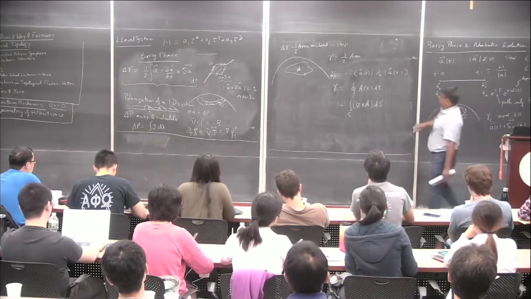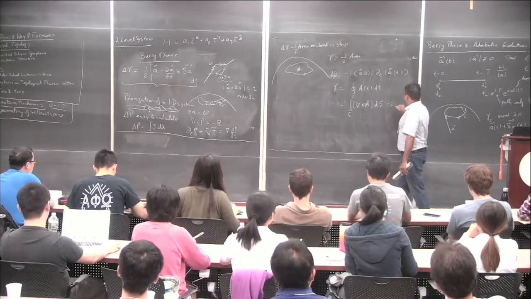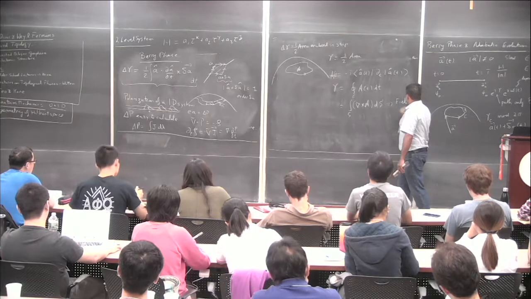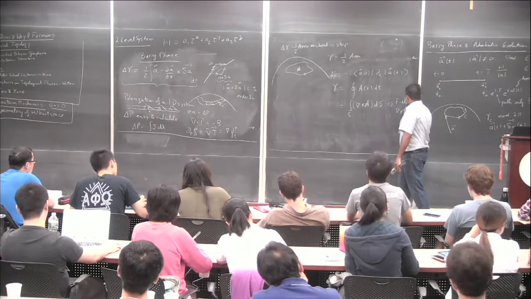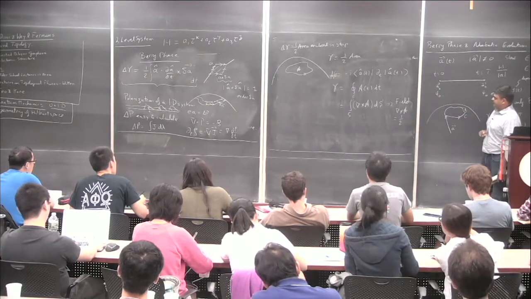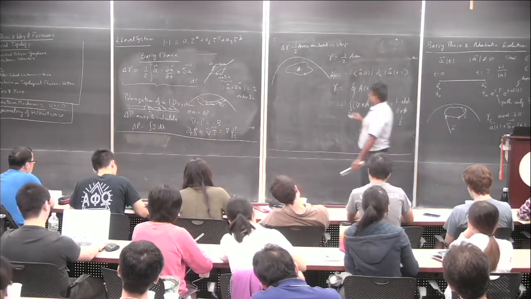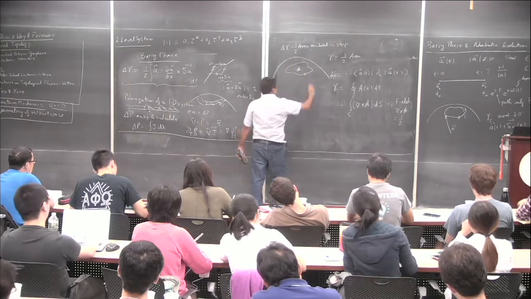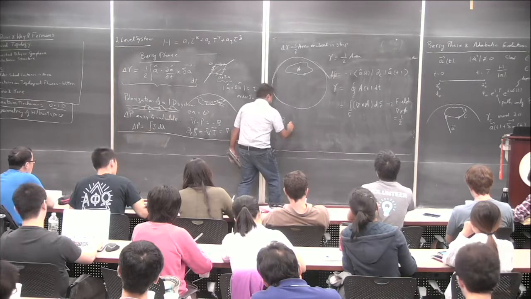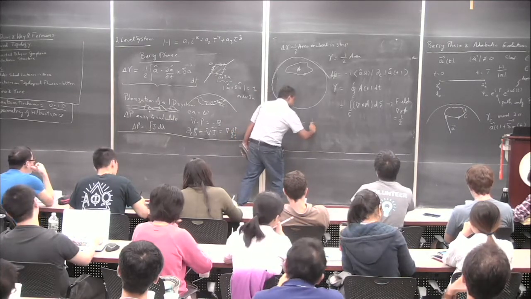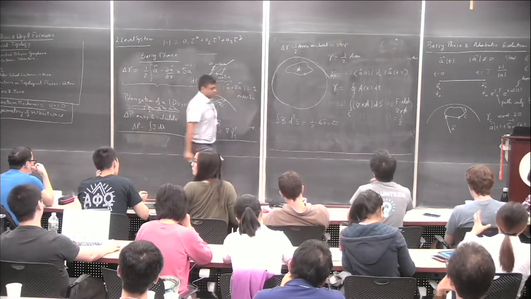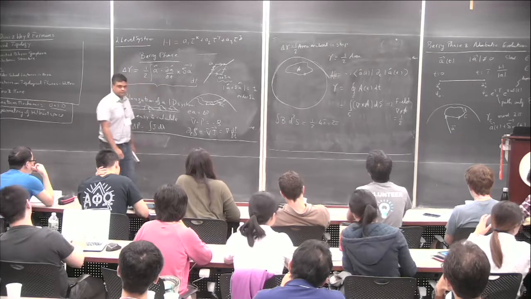For this to be the area, you need the magnetic field to be just 1/2. So when you integrate this magnetic field over the entire sphere, you have a total flux of exactly 2 pi.